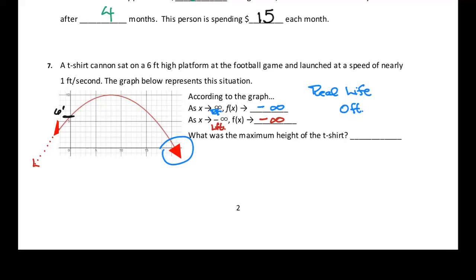But in real life, where did it start? Where did the t-shirt start and take off from? 6 feet. So if you go back, it's only 6 feet, okay? What is the maximum height that this t-shirt reaches?